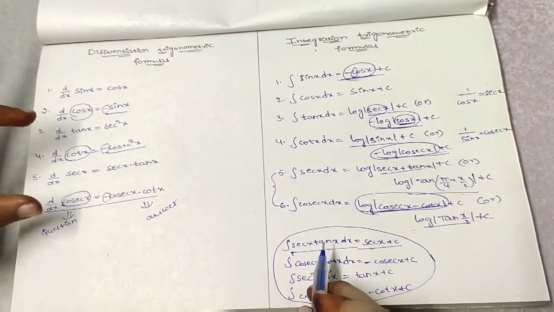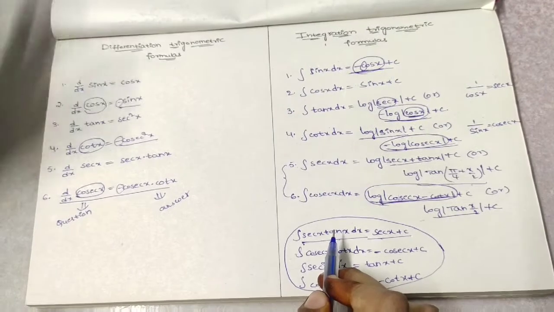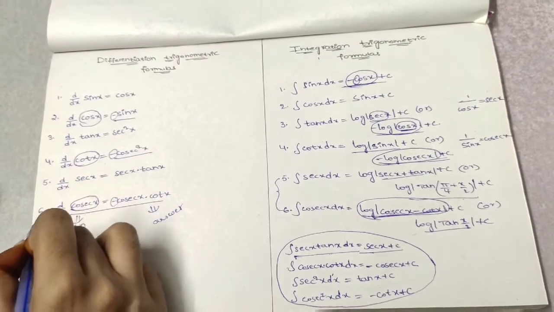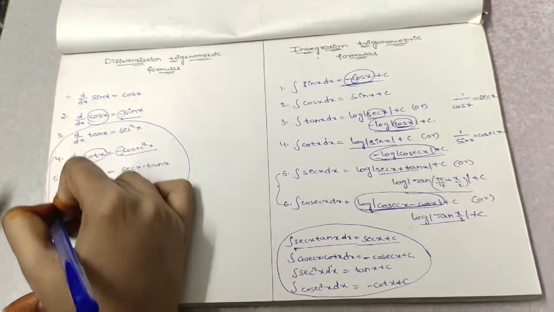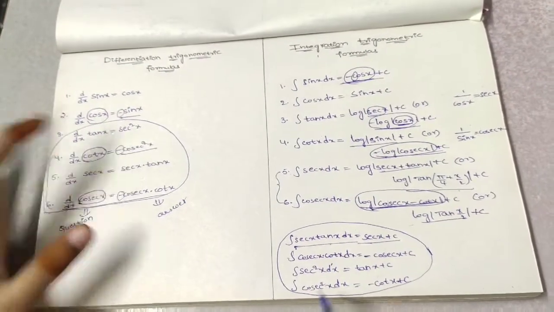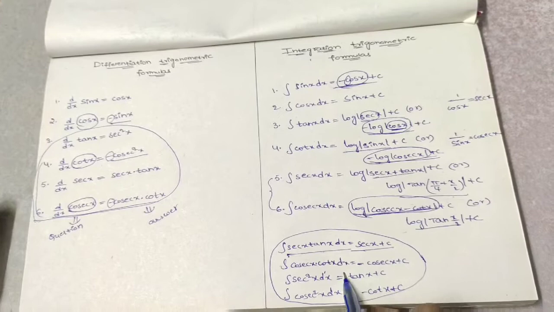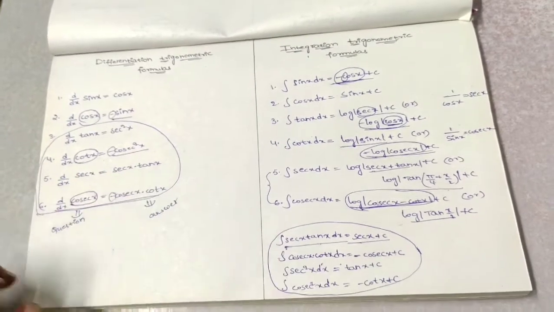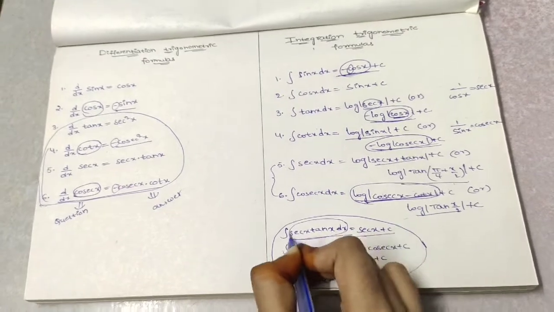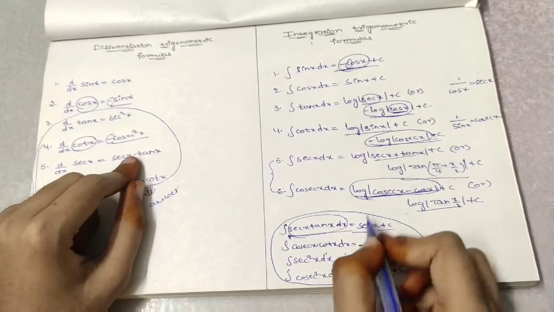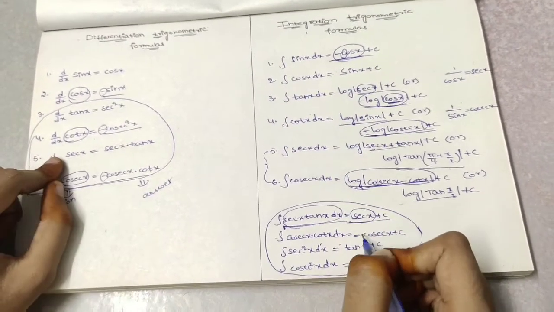Because these formulas are already available in the differentiations. These are all the formulas which are there in the differentiations and in the integrations too, both, but with some little change. The question appears as an answer here, and the answer appears as a question here.